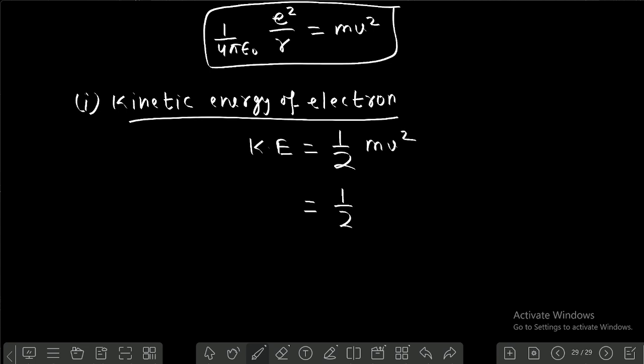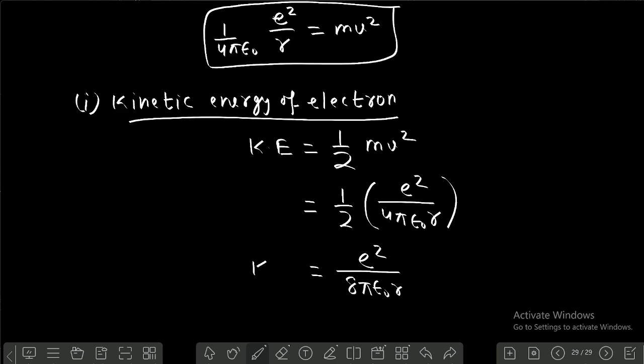Now you already know mv square is E square by 4 pi epsilon naught R. Multiplying, you will get E square by 8 pi epsilon naught R. So this is the kinetic energy of the electron in a hydrogen atom.